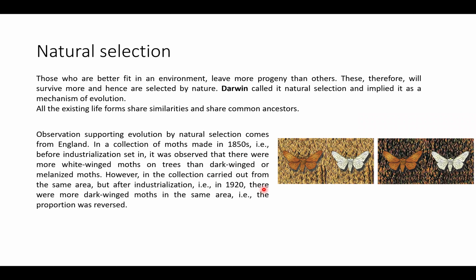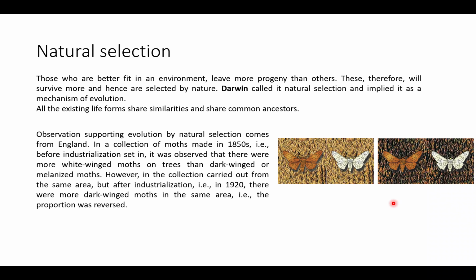But in a collection made after industrialization, in the 1920s, people saw there were more dark-winged moths. What happened is that after industrialization, there was a lot of pollution and black smoke coming out, and the nearby trees became black in color.